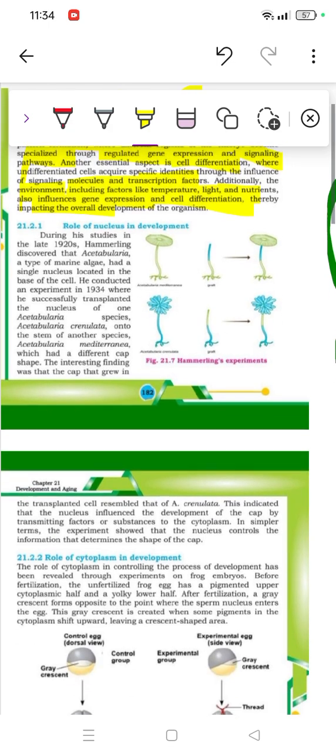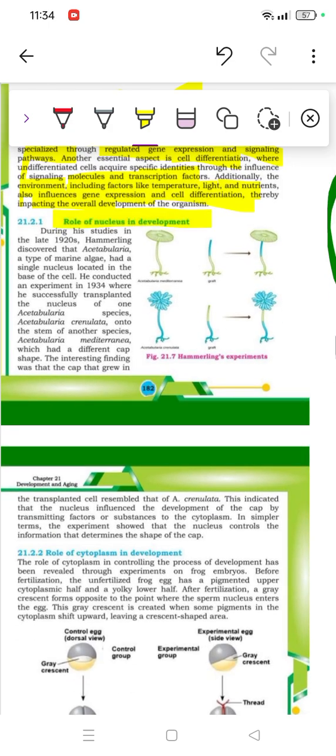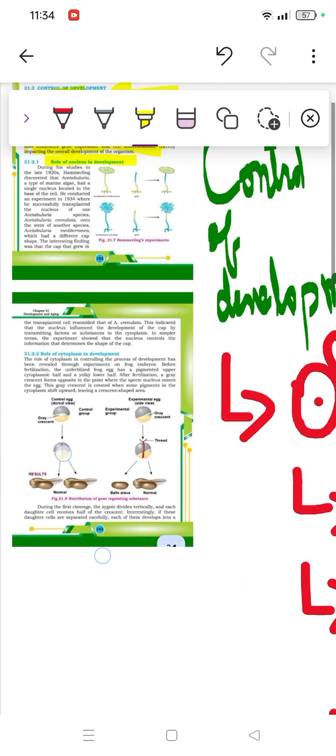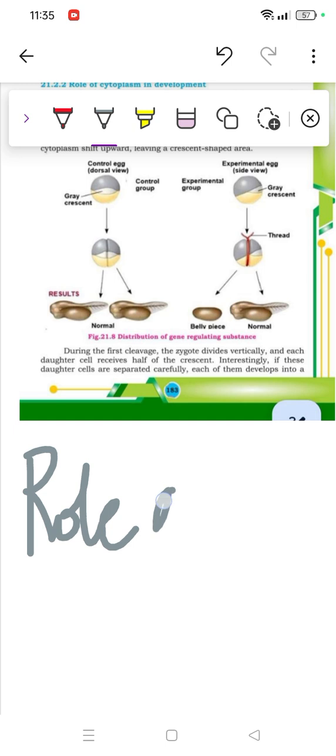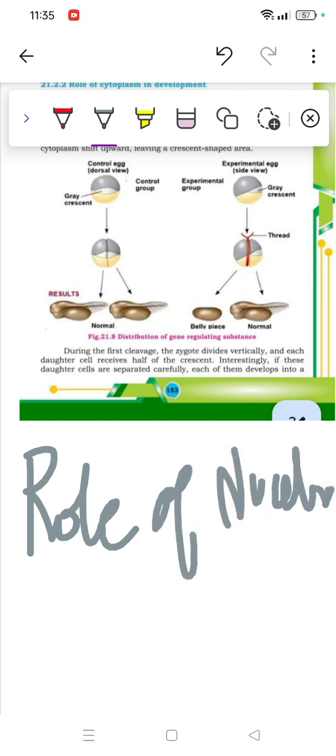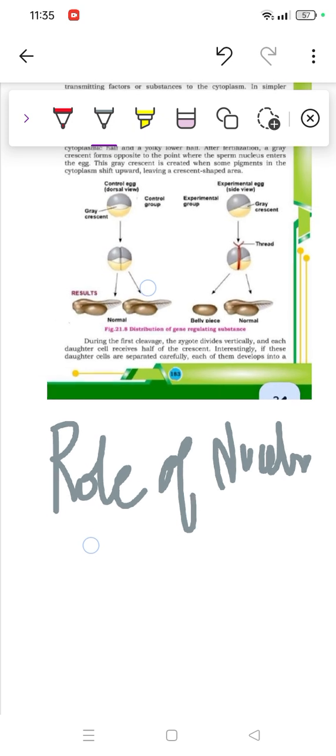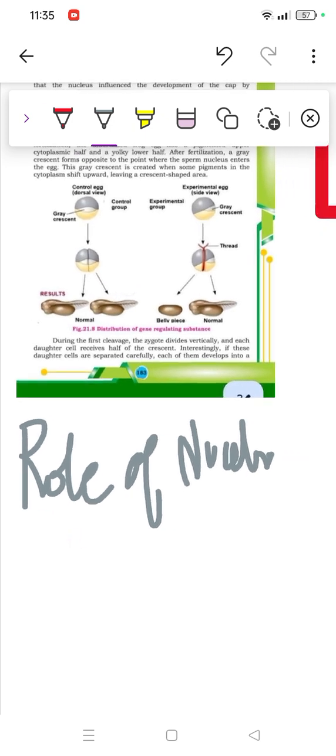Now we are going to discuss the role of the nucleus in development. When it comes to the role of the nucleus, first thing, it helps in gene control.